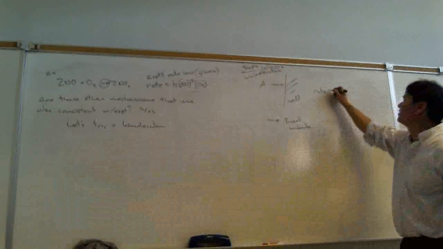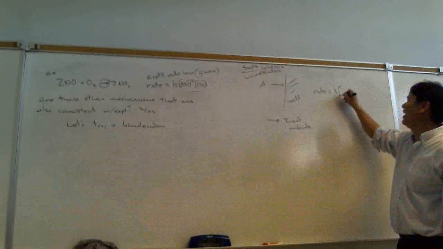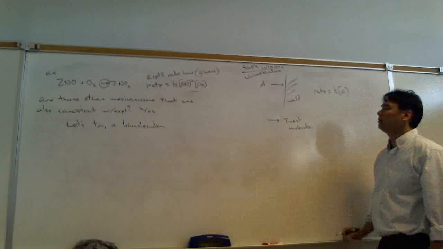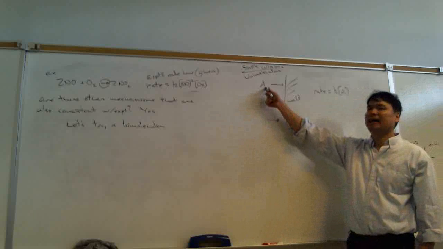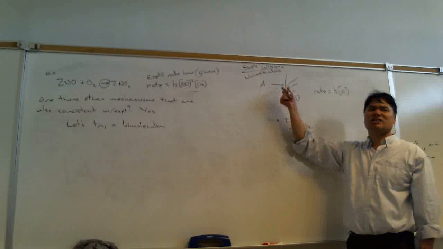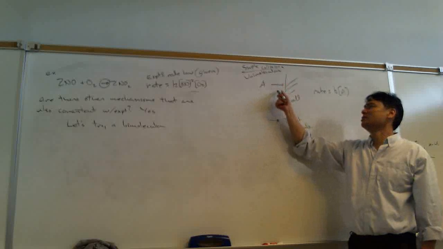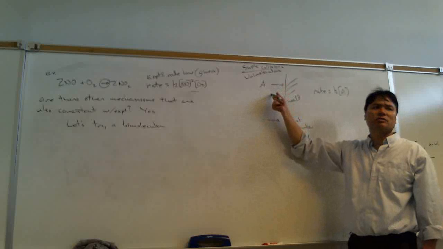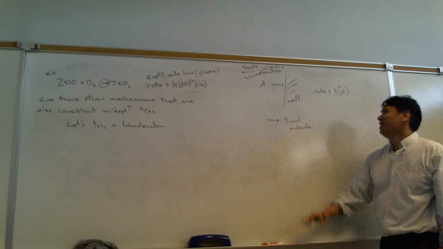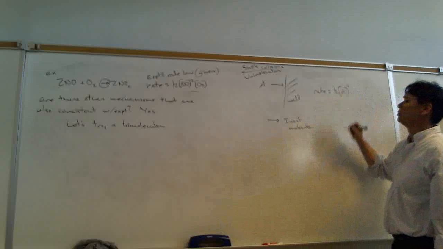The rate for this is going to equal Ka to some order dependence. Now, if I double the amount of A, will the number of collisions not change, double, or quadruple? What do you think? If I double the A? Yeah, it should double.